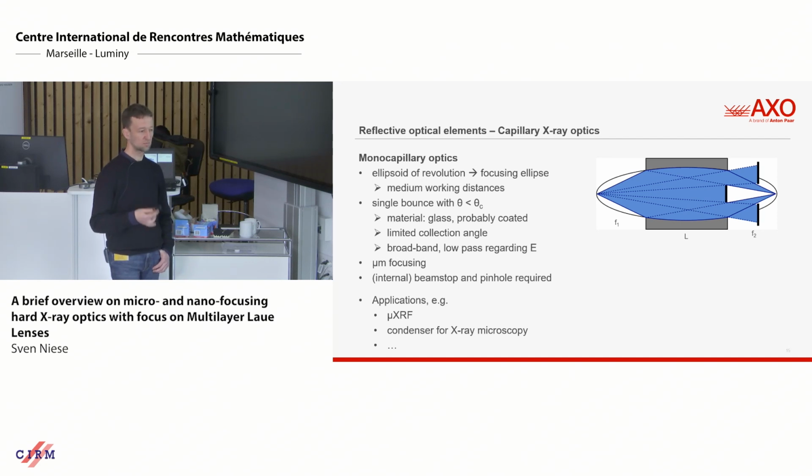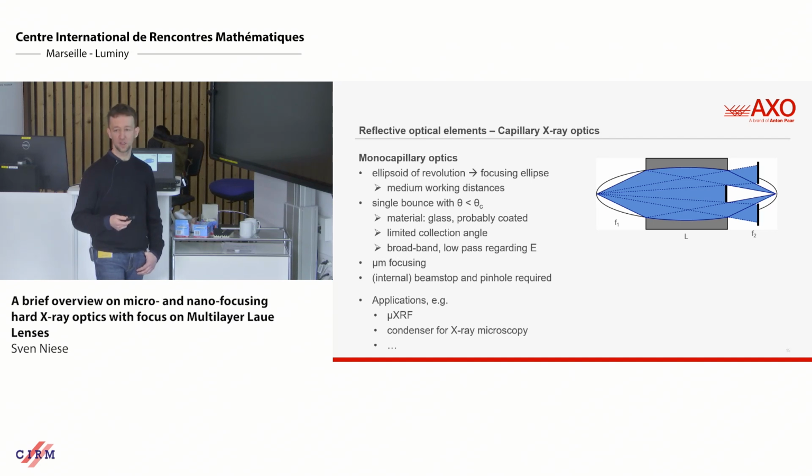Typically, we cannot really coat a multilayer on this kind of capillary, because the inner diameter is just on the order of a millimeter or so. At least for hard X-rays, you have to live with total external reflection, so you cannot make it much larger, because otherwise it will just not be reflected.